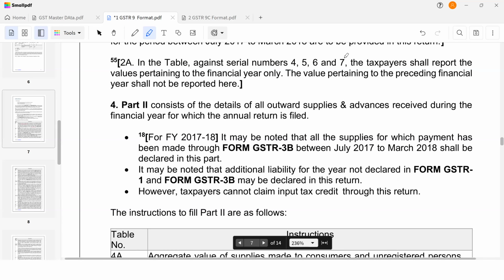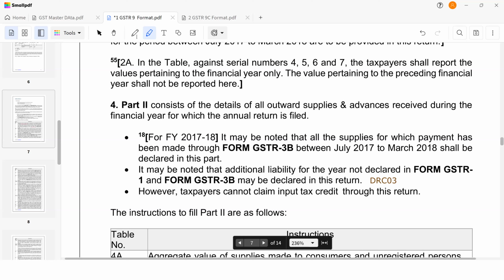But it may be noted: additional liability for the year not declared in 301 may be declared in this return. That is where I am saying DRC03. Whatever you are saying may be declared here is taxes paid through DRC03. No, whether you have paid the DRC3 or not, the additional liability is declared here and then you can pay here also.